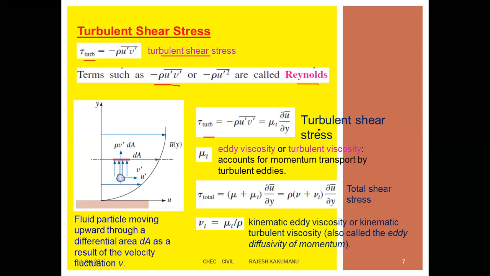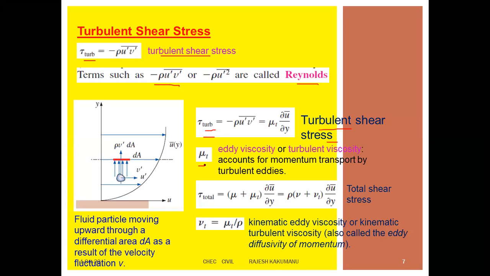So this is the turbulent shear stress, where the other term is the shear stress due to viscosity, and the shear stress due to turbulence is equal to mu t of dou u by dou y.